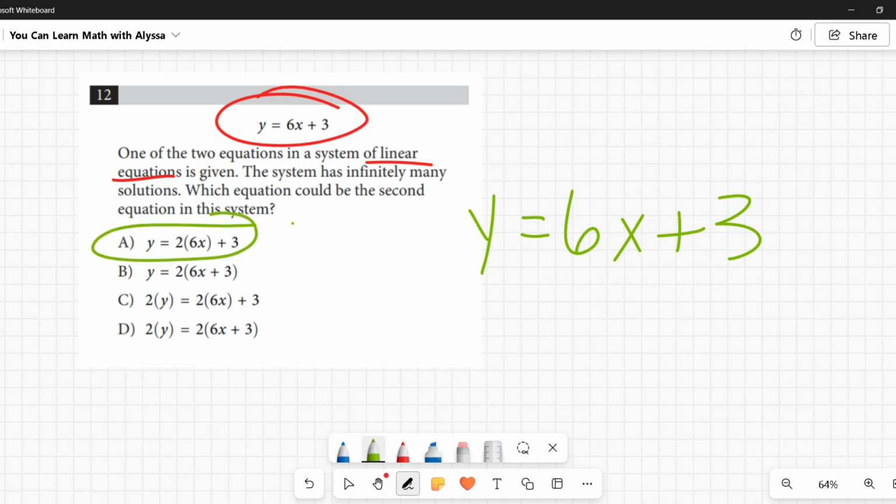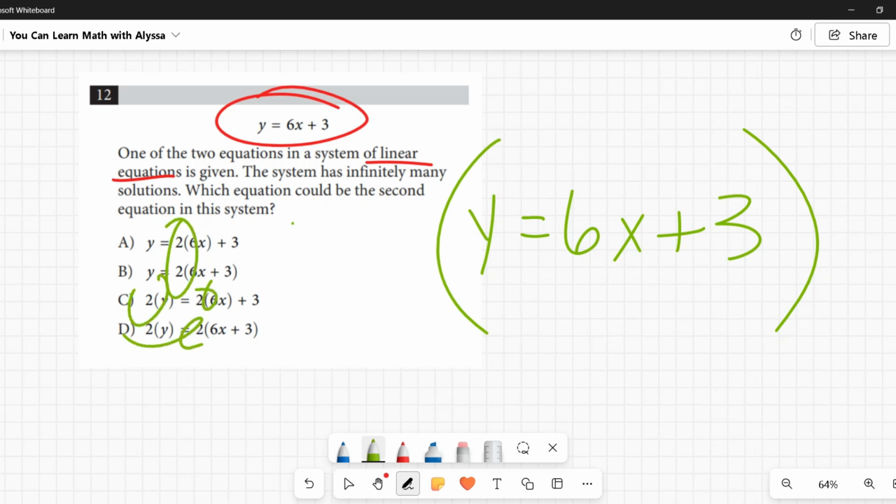In this first one, 2 is being multiplied by 6x, but nothing else. So if I distributed that, it would be y equals 12x plus 3. That is not the same as this. That 2 is only being multiplied by one thing. I need to find something where 2 is multiplying this whole thing, because these all have 2's. There's 2's everywhere, so 2 is the key.